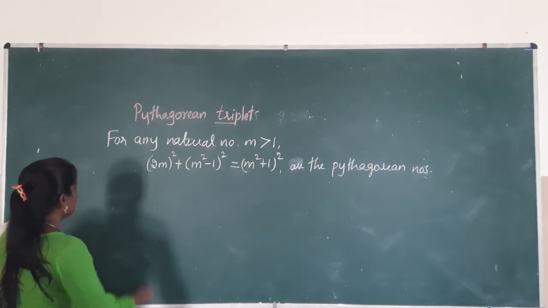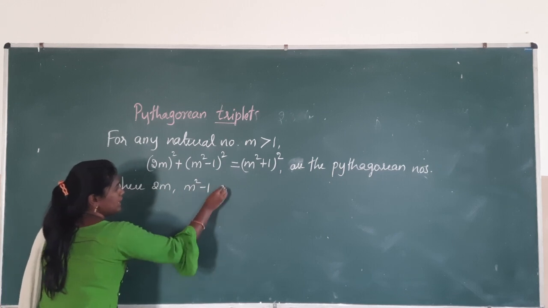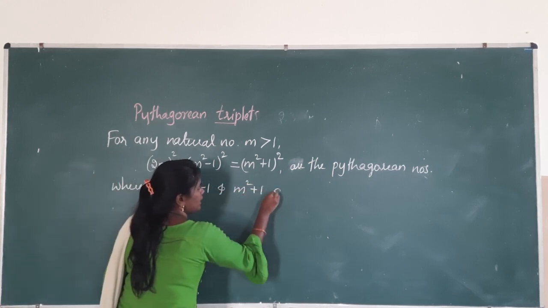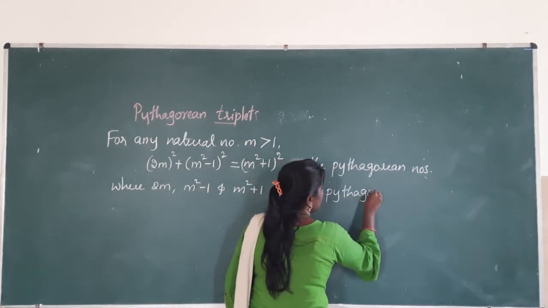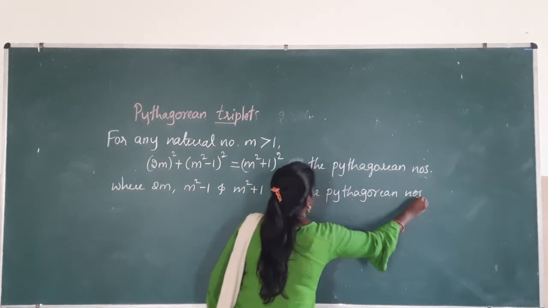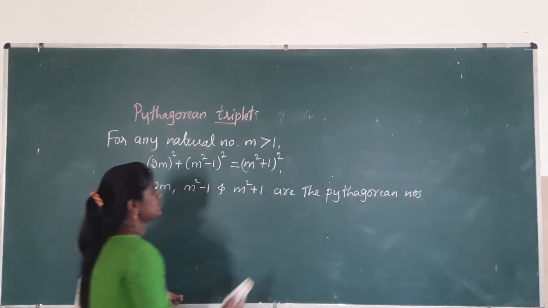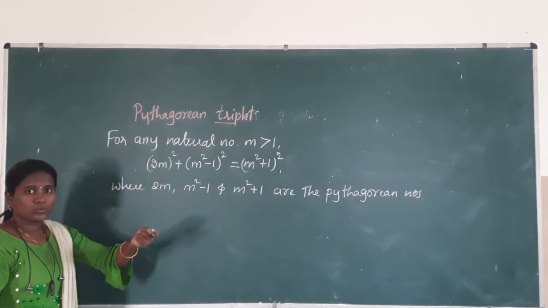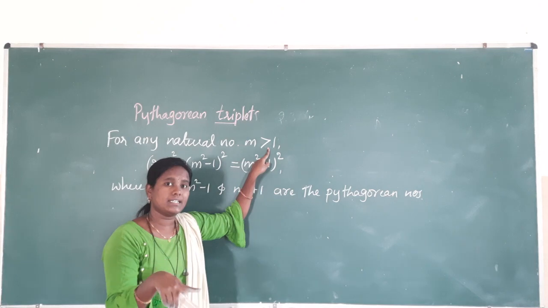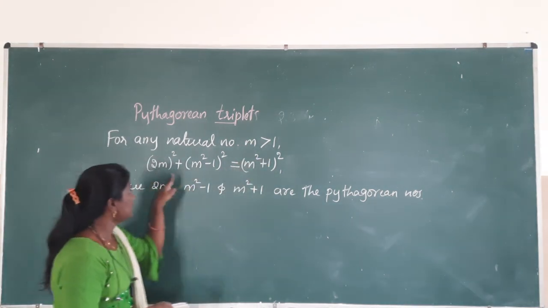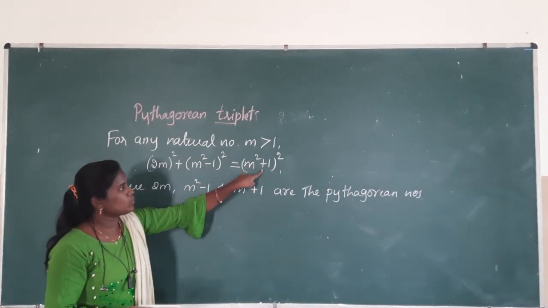See here, where 2m, m square minus 1 and m square plus 1 are the Pythagorean numbers. For any natural number m greater than 1, because 1 is a natural number but we are considering numbers greater than 1, (2m) square plus (m square minus 1) square is equal to (m square plus 1) square.